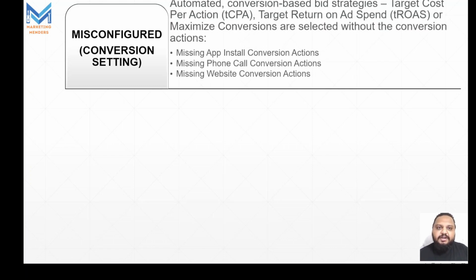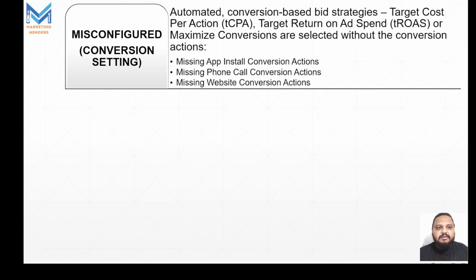So you have created a campaign, but there is some kind of conversion setting which has been misconfigured. This kind of status you will get only when you are creating a campaign with a conversion objective.